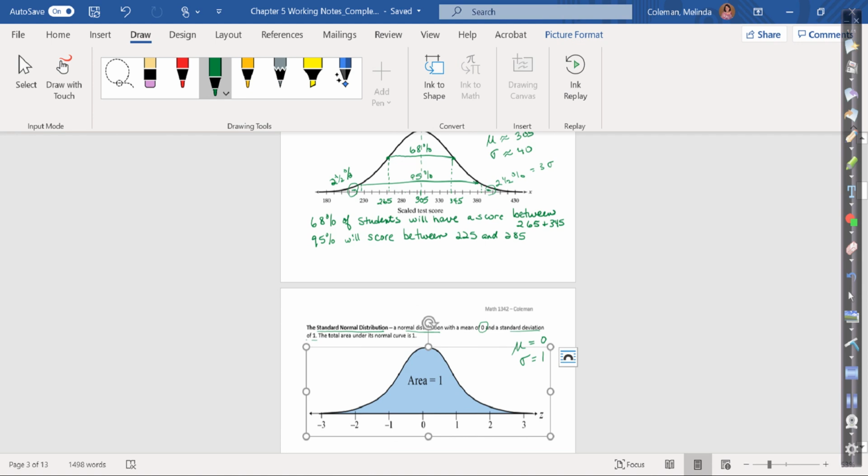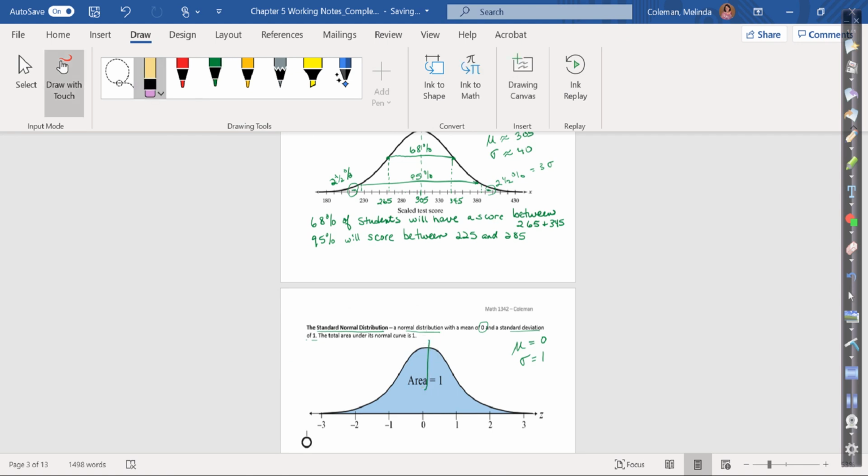So we're going to sort of overlay it, so that it converts between the two. And it's just going to allow me to use my calculator. So that's one of the nice things about doing this. So basically, it's going to take this whole curve right here, and it's going to lay it on top of the rest of the curve.